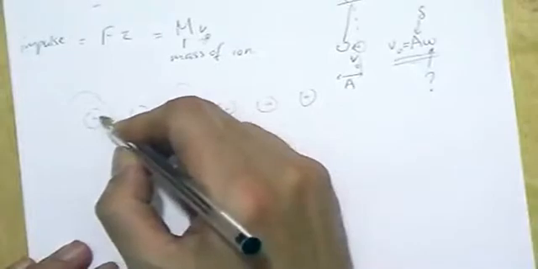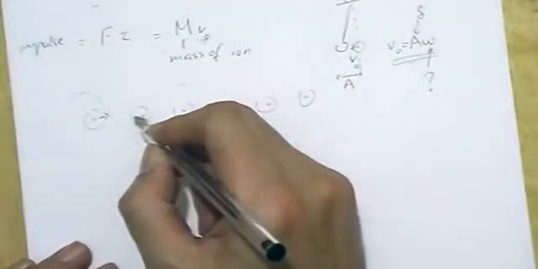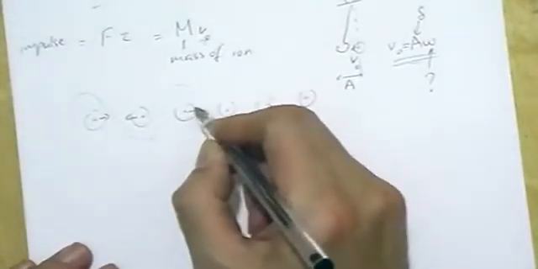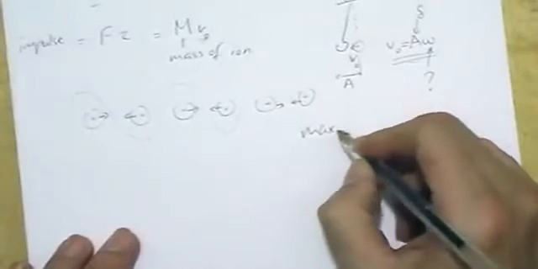But if you are talking about a longitudinal wave, then this would be moving to the right, and this moving to the left, right, left, right, left. So when this happens, we have the maximum possible frequency.